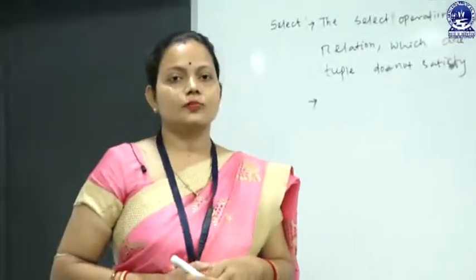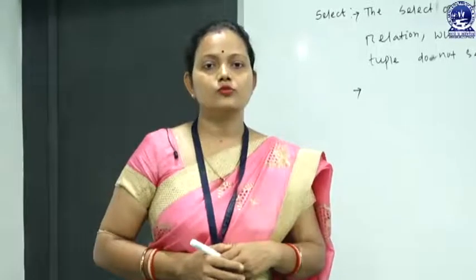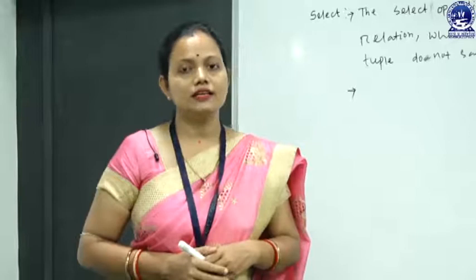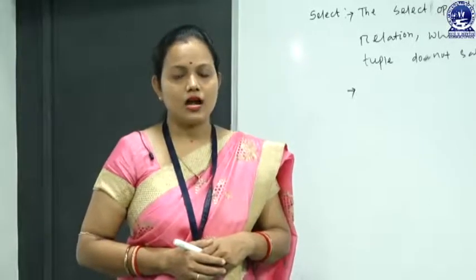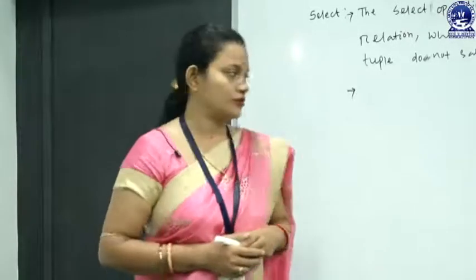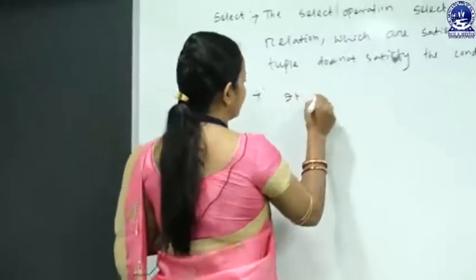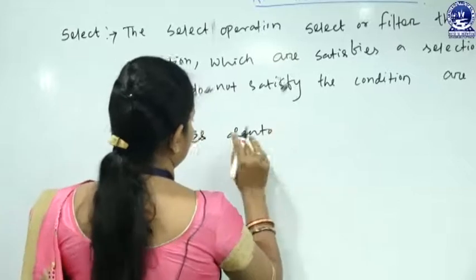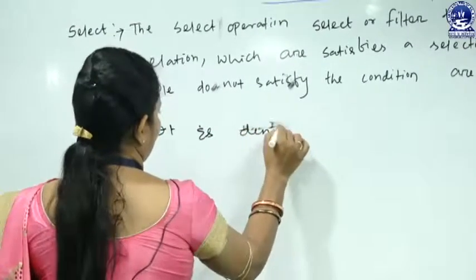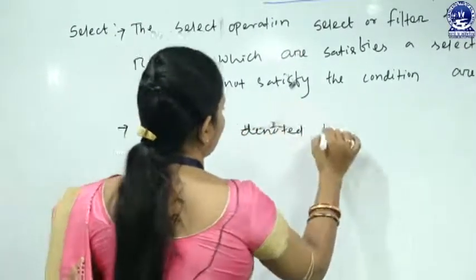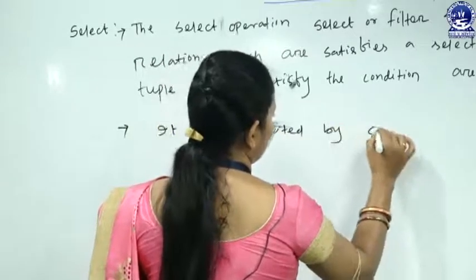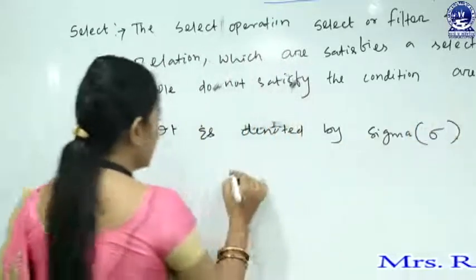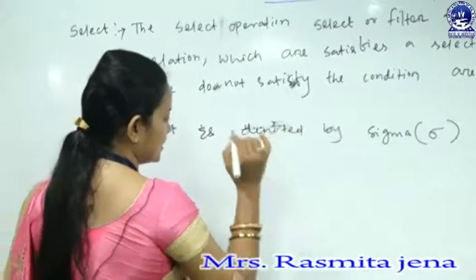And the select operation is basically represented by using the symbol sigma. Let us see the syntax of the select operation. It is denoted by the symbol sigma. Then let us see what the syntax of the selection condition is.